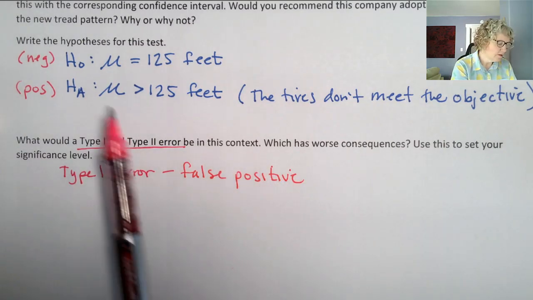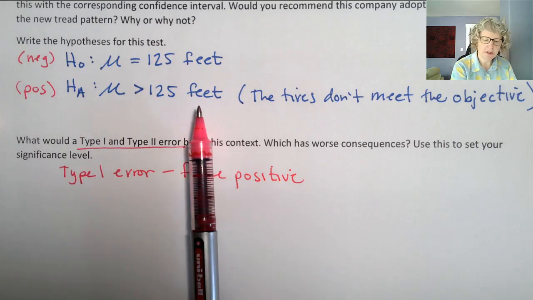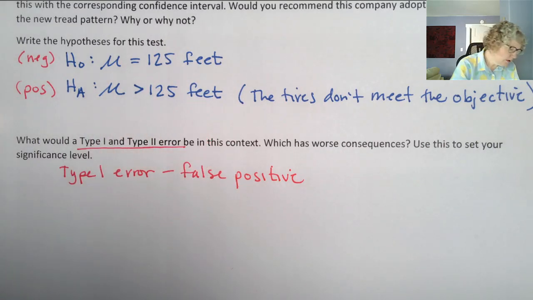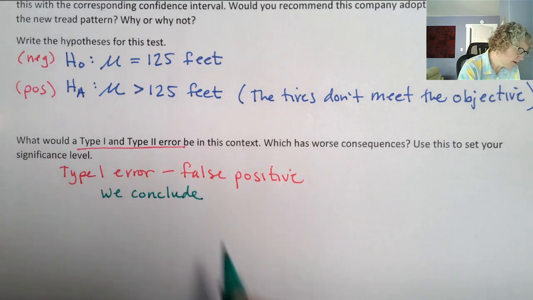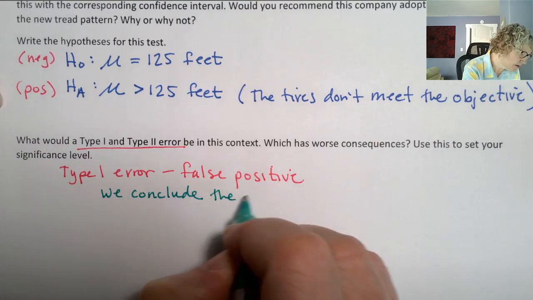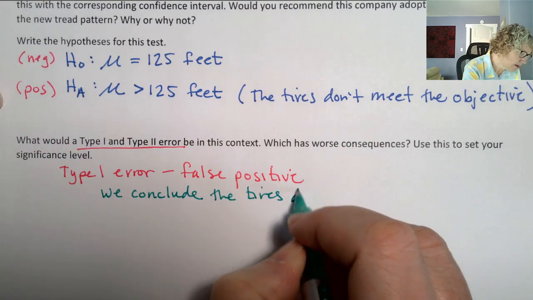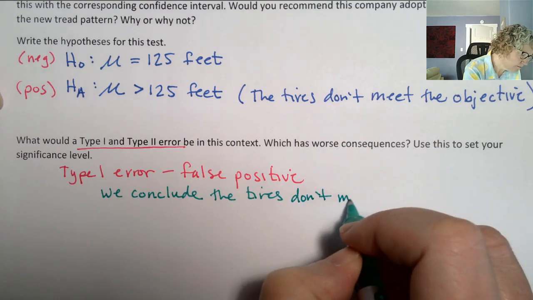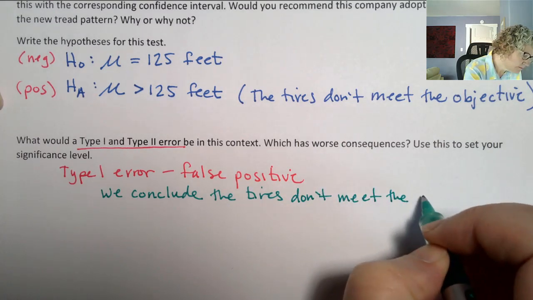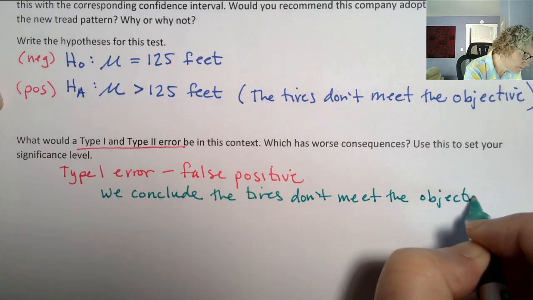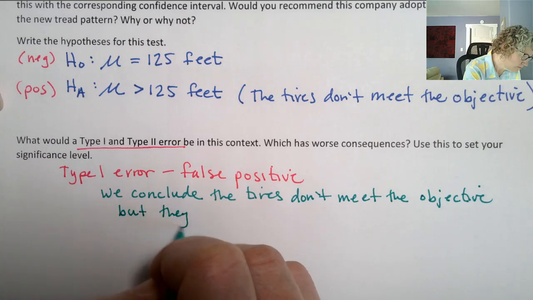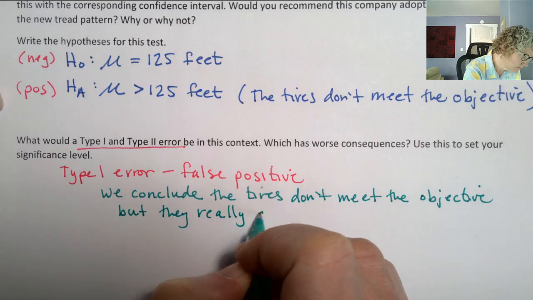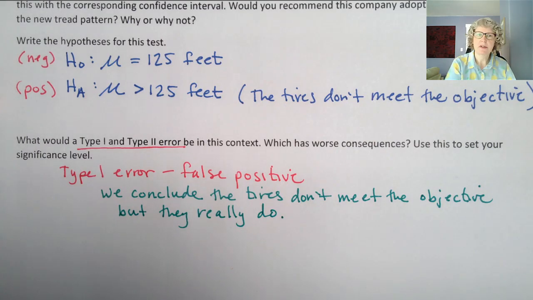And so I essentially state this, but it's not really true. So we conclude the alternate. We conclude the tires don't meet the objective, but they really do. Okay, so that is one type of error that could happen.